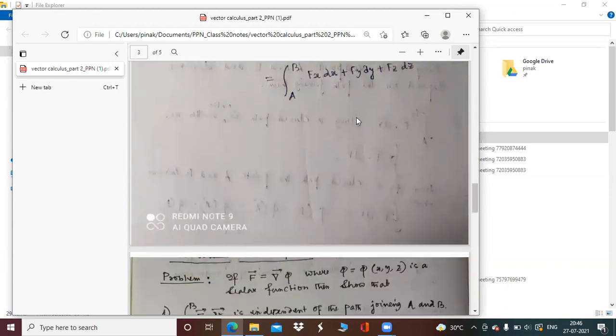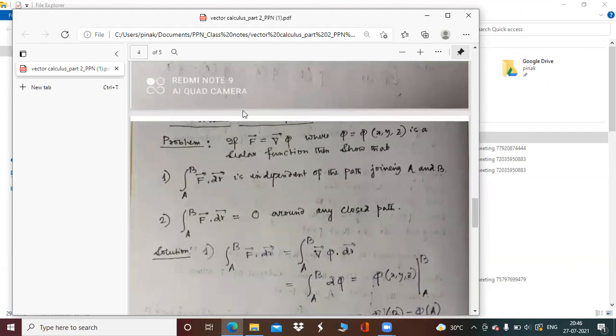Now, next there comes a problem. The problem says that if f bar is equal to grad of phi, where phi equals phi of x, y, z is a scalar function, then show that number one, integration a to b f bar dot dr bar is independent of the path joining A and B. And number two, integration a to b f bar dot dr bar is equal to 0 around any closed path.